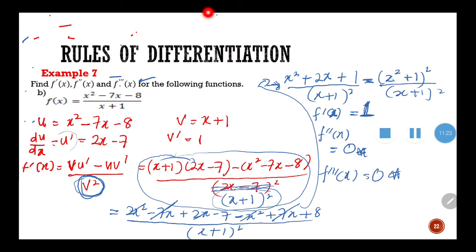But see, your effort to simplify is really worthwhile, because you end up with f prime x equal to 1. So f double prime x, you can answer with your eyes closed, zero, and triple prime x is also zero. Don't doubt that the answer is 1. Yes, it's correct. Maybe in a test or exam you end up with 1. Yes, it's possible, don't worry.